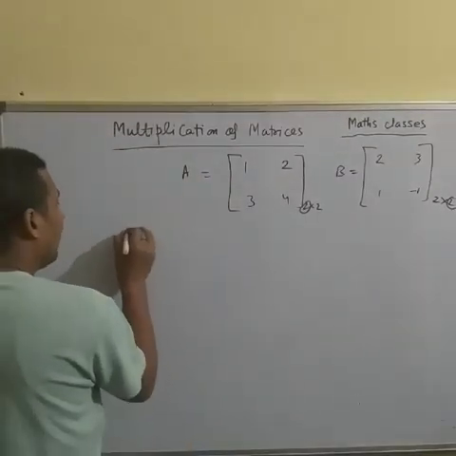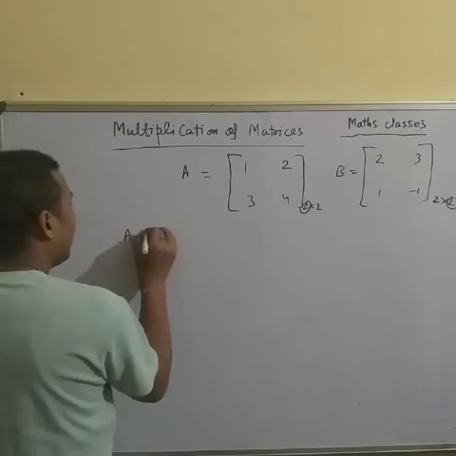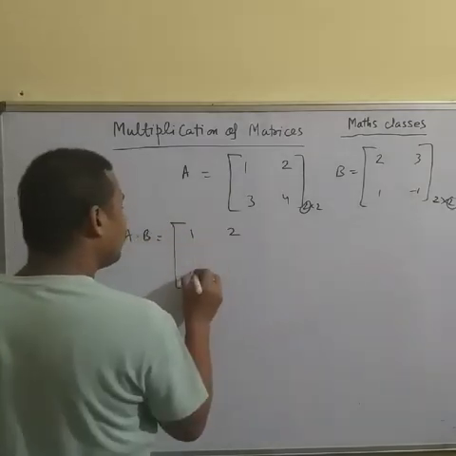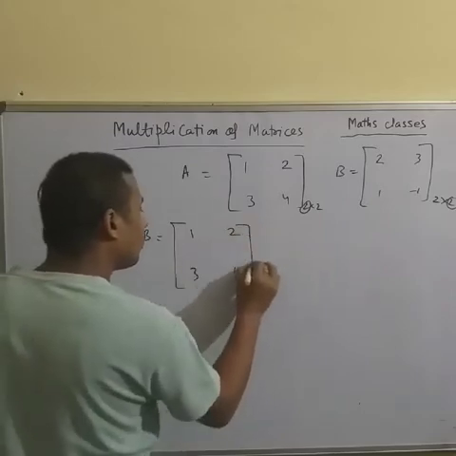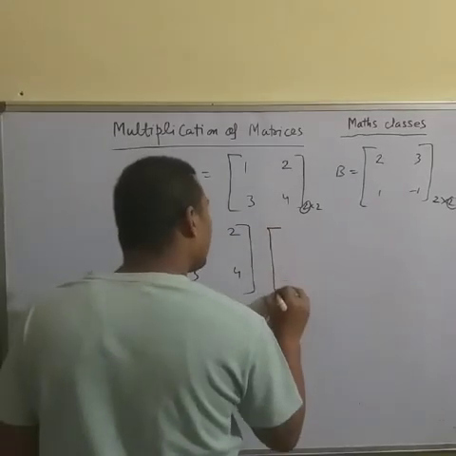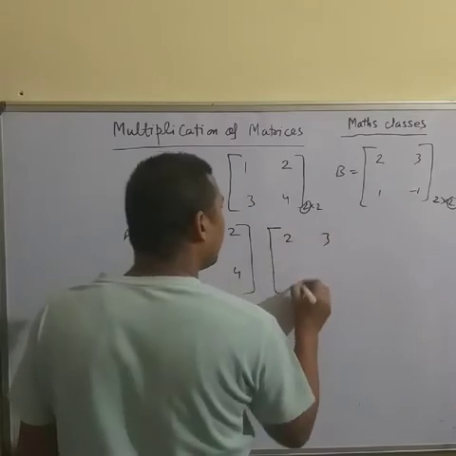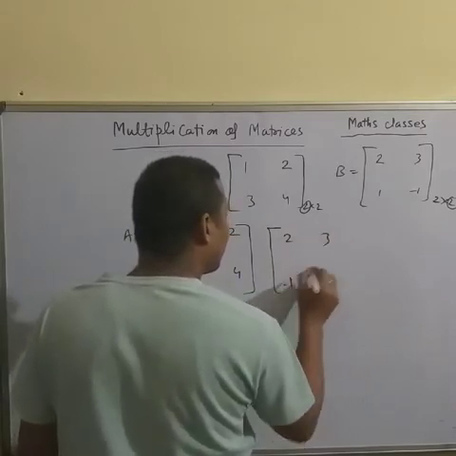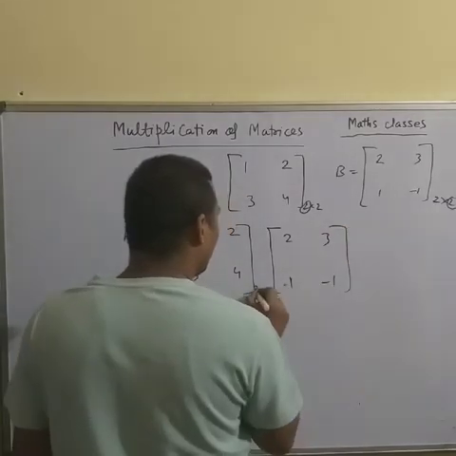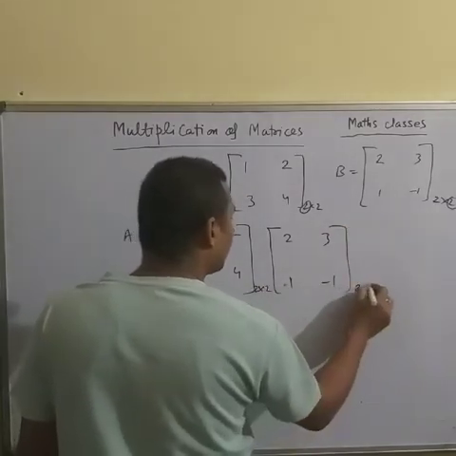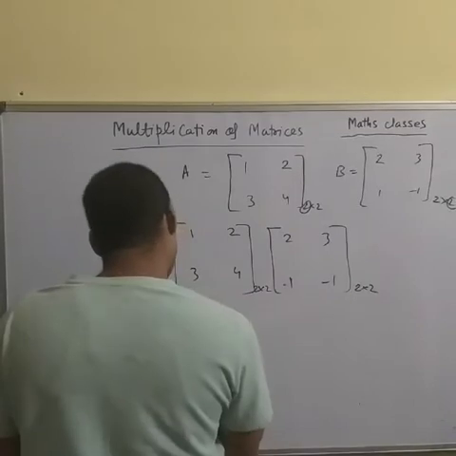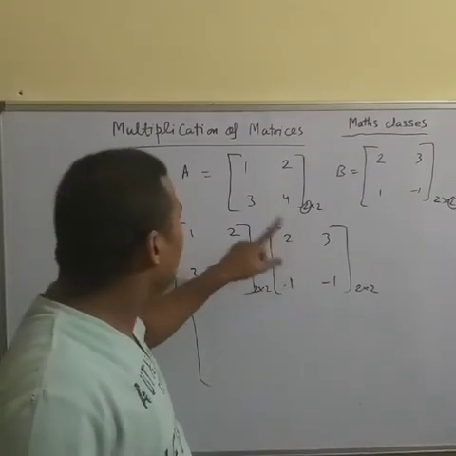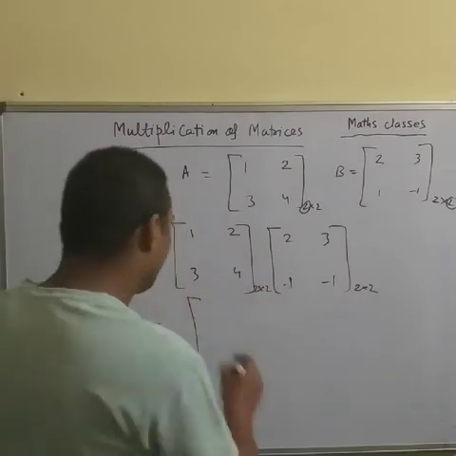So how can you multiply A times B? This is 1, 2, 3, 4 and again 2, 3, 1, minus 1. This is 2 cross 2 and this is 2 cross 2. See, 1 multiply 2 plus 2 multiply 1.